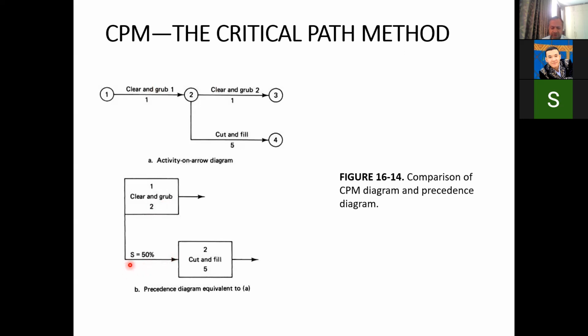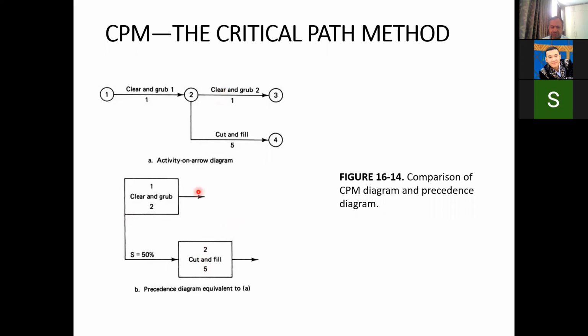So here we can put S equal to 50%, which means that when this clear and grub activity, the preceding activity, has 50% of the work completed, the next activity, cut and fill, can be started.